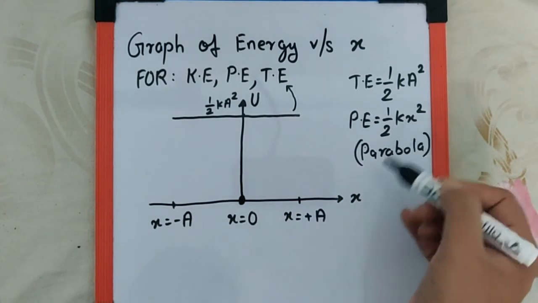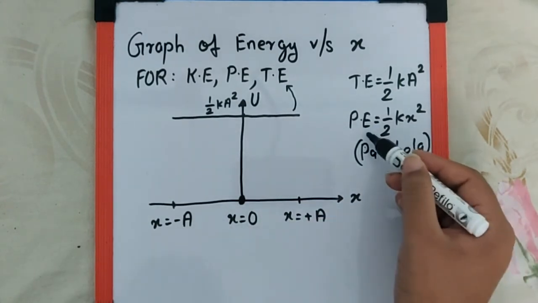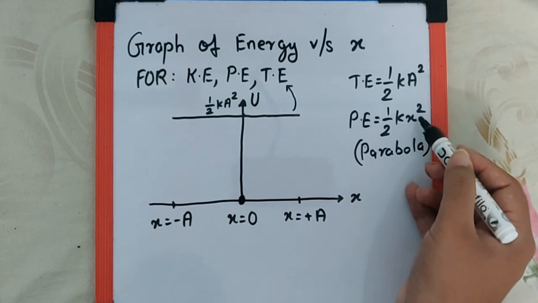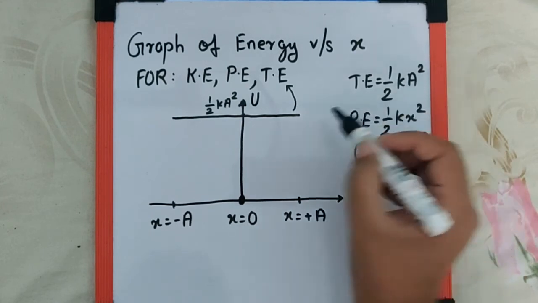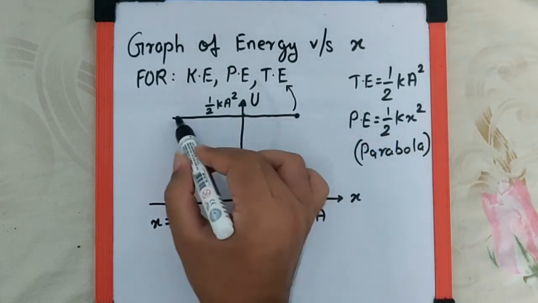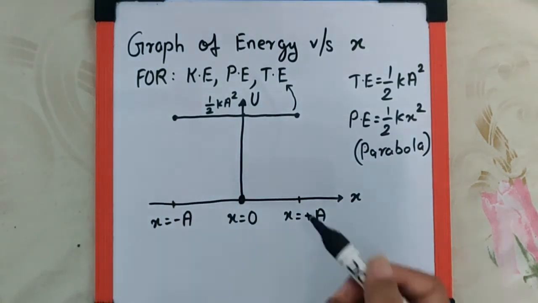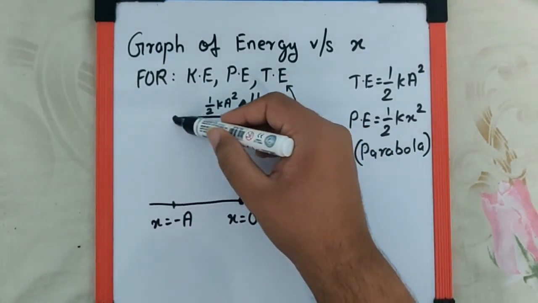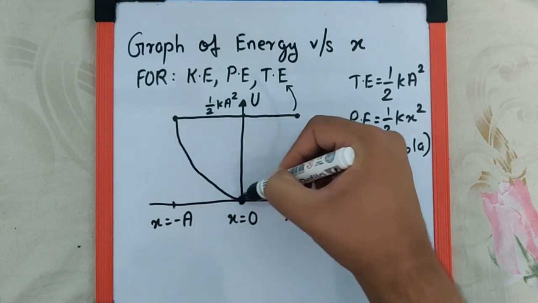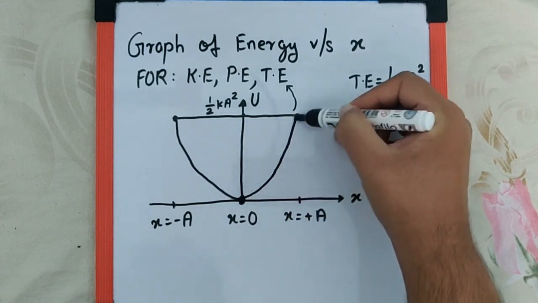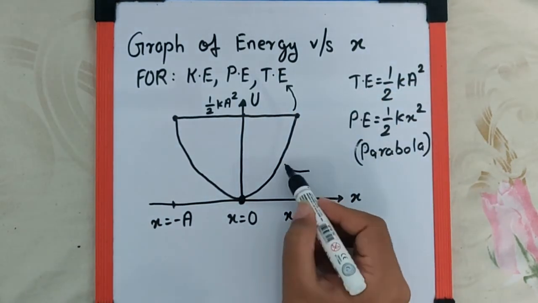And for x equal to plus or minus a, the potential energy will become half k a square, which is nothing but the total energy, at these two extremes. So now if I join them in the form of a parabola, I'll get the graph something like this. So this graph is of potential energy.